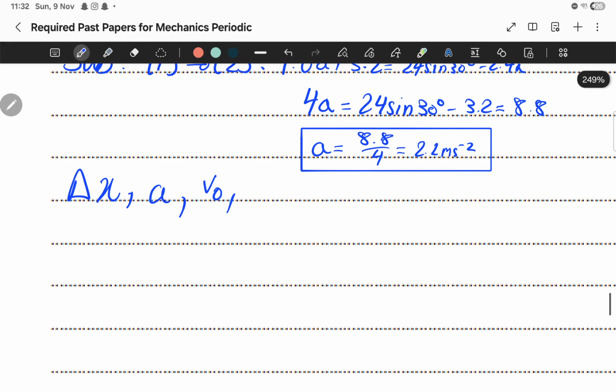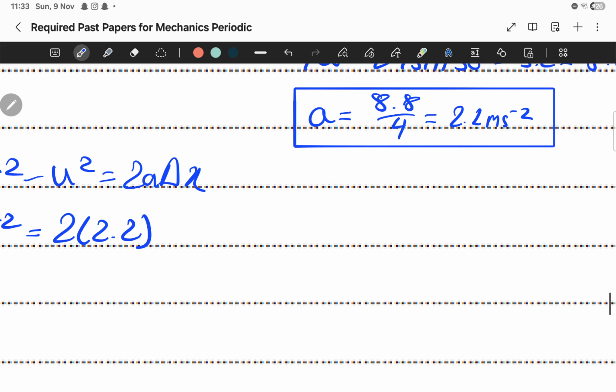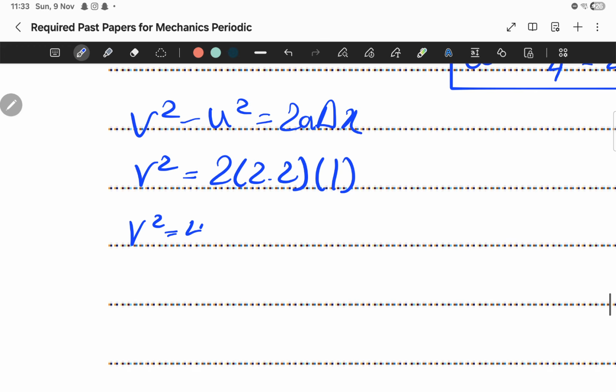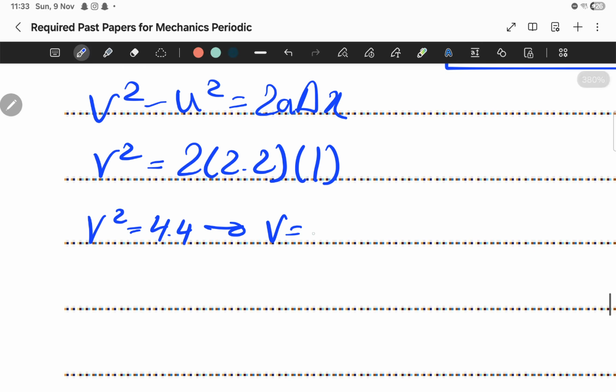We need to find the final velocity at A prime. So we use V squared minus U squared equals 2A delta x. V squared is what we want to find, U squared is 0 because it started from rest, equals 2 times 2.2 times delta x, which is 1. So V squared is 4.4. This leads to V being the square root of 4.4 meters per second. This is V at A prime.